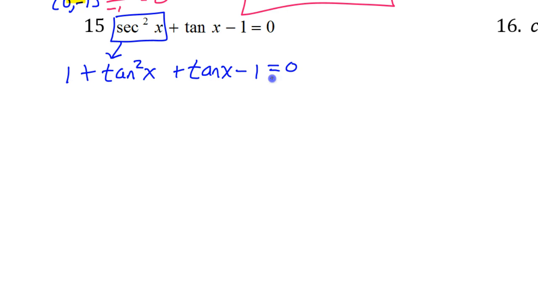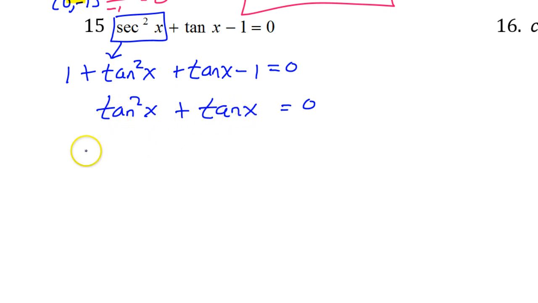But look, they just cancel each other out, don't they? So those are gone now, and so now I just have tangent squared x plus tangent x is equal to 0.